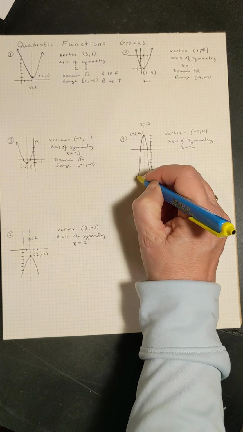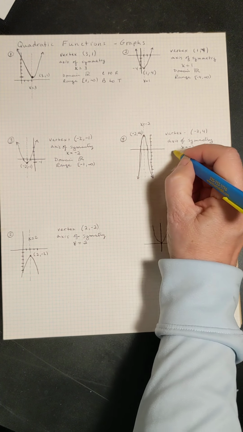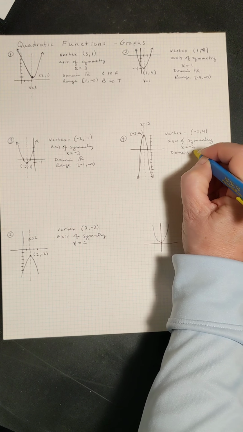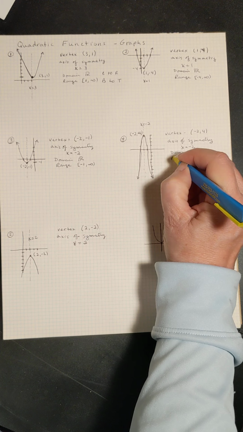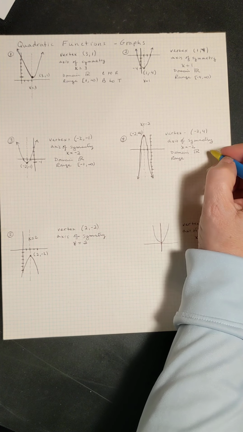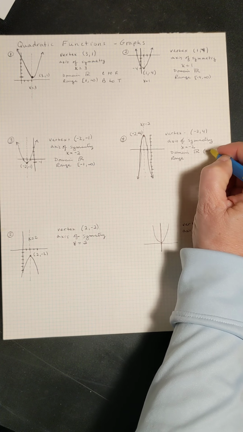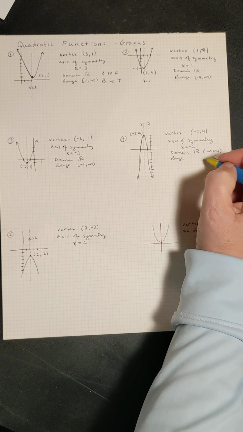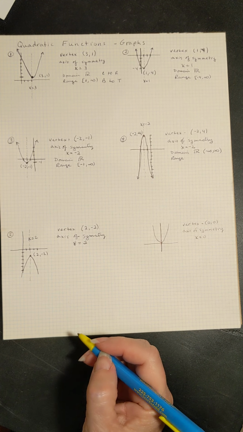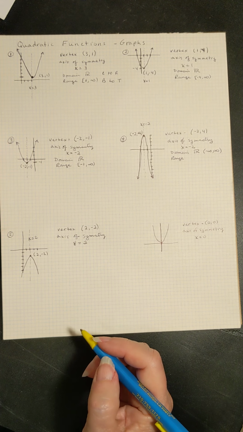All right, this last one, the domain, again, all real numbers. And the range here, and this, all real numbers, you can write either like this, or you can write from -infinity to infinity. And again, parentheses always on infinity, never brackets on infinity, because you can never reach infinity.